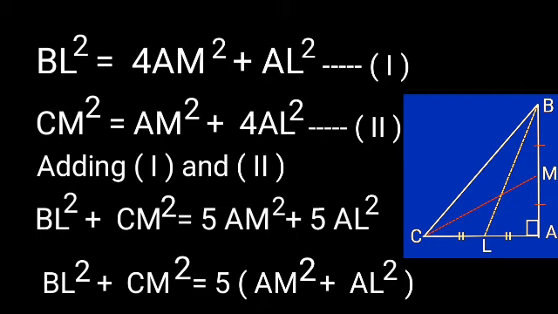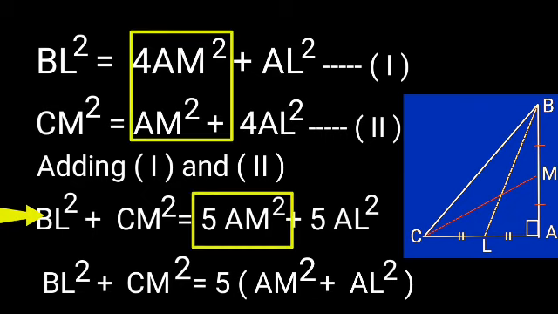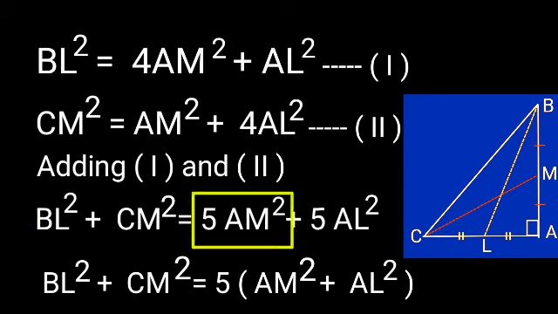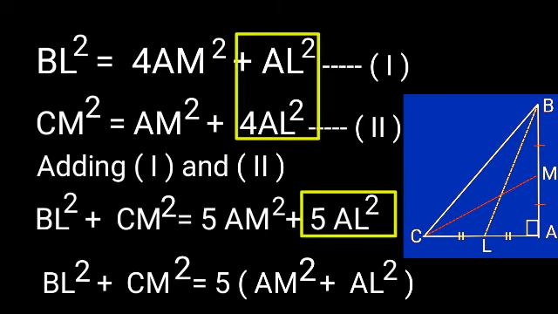Adding equation first and second, then in left hand side we get BL square plus CM square, and in right hand side 4AM square plus 1AM square, that is 5AM square, and AL square plus 4AL square, that is 5AL square.